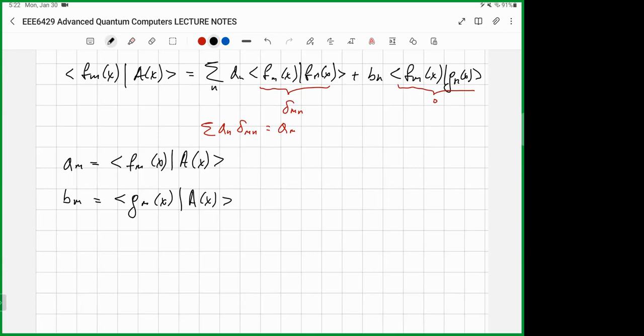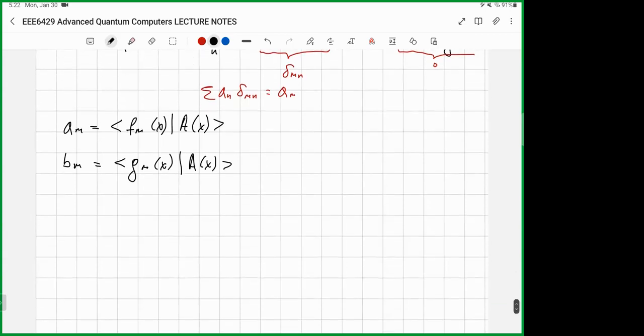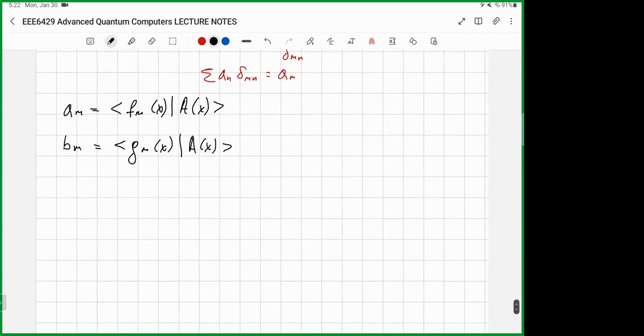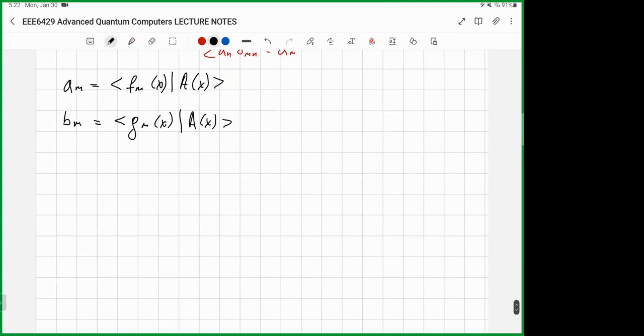Again, this is nothing but the projection of the vector a of x on the corresponding eigenvector gm.